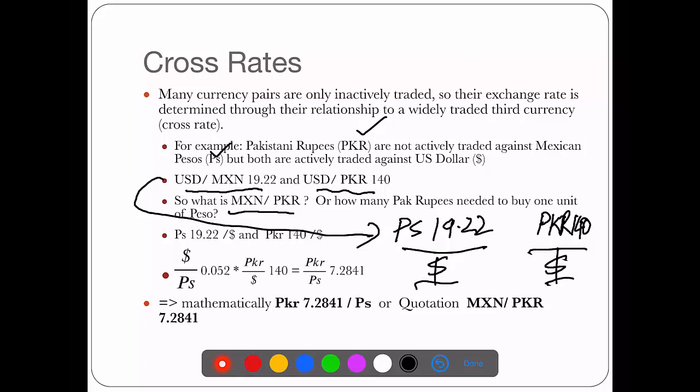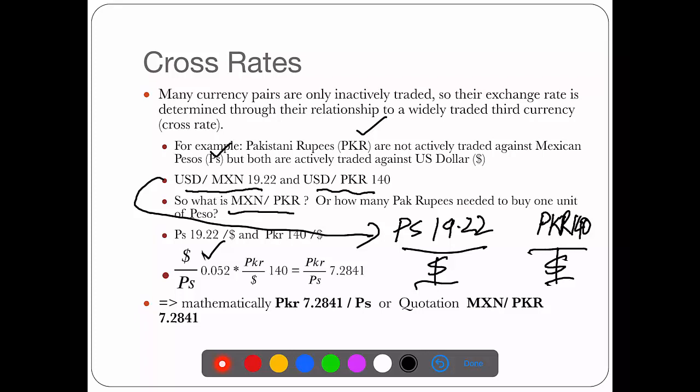And in order to do that, I have to take the reciprocal of one currency. I have decided to take the reciprocal of the Mexican peso and US dollar exchange rate. So if you divide 1 by 19.22, you will get this number over here.